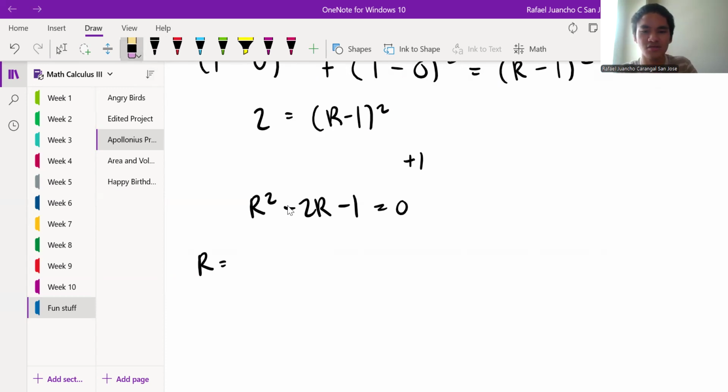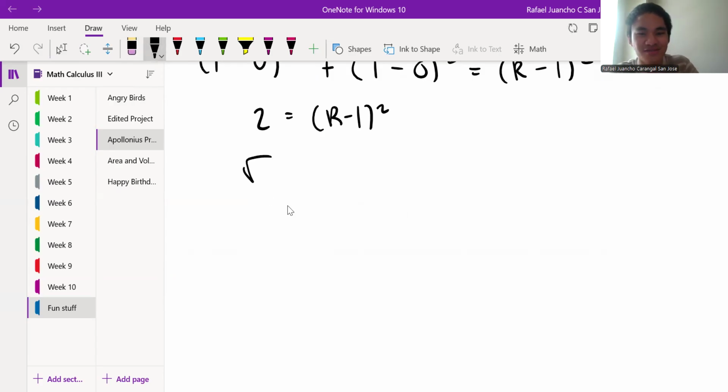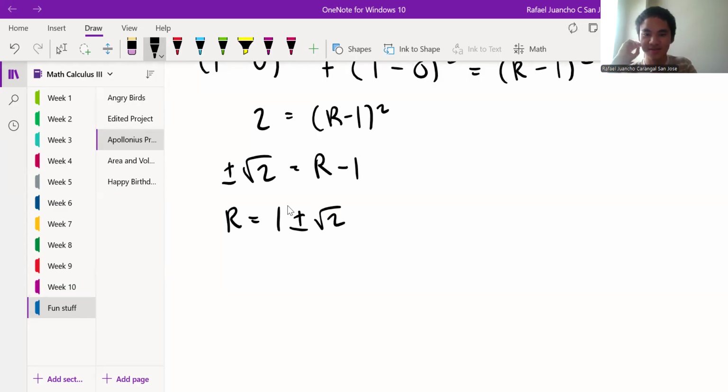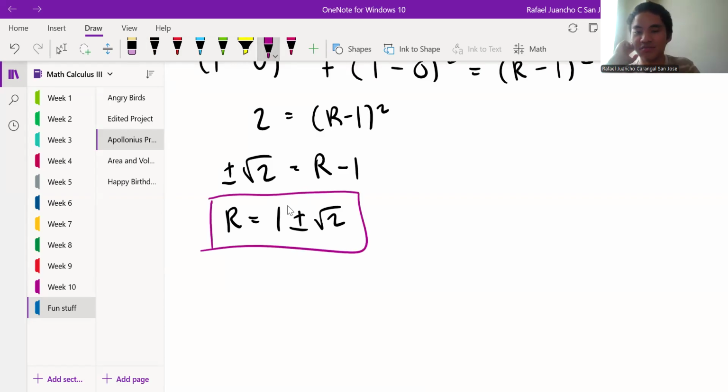I think that was easier. There we go. And then now I get my R value: 1 plus minus square root 2. So I have two R values here. It's either 1 plus square root 2 or 1 minus square root 2.